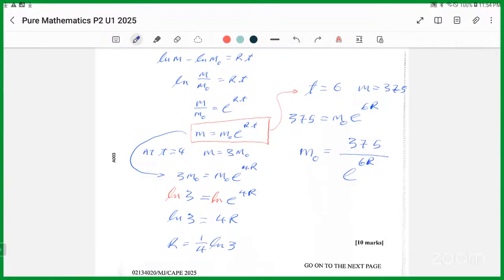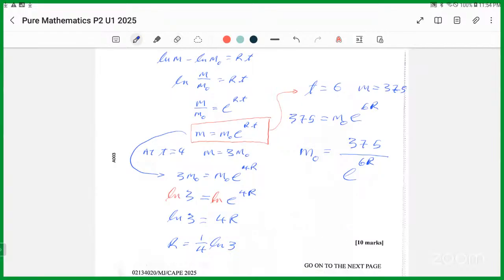Now what is 6 times this? 6 times a quarter ln 3 becomes 3 over 2 ln 3. That's what the 6r becomes.